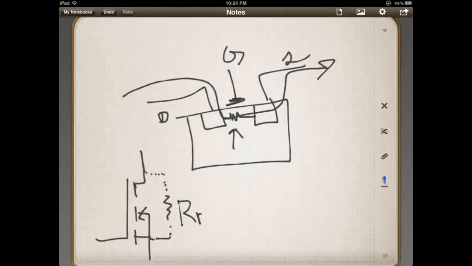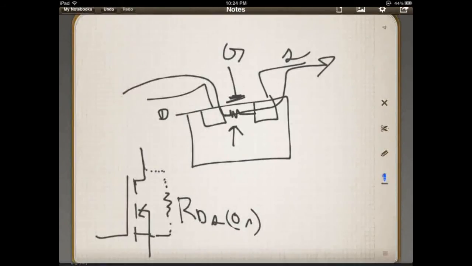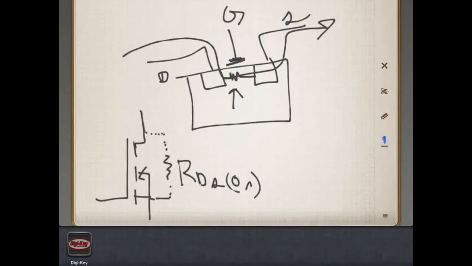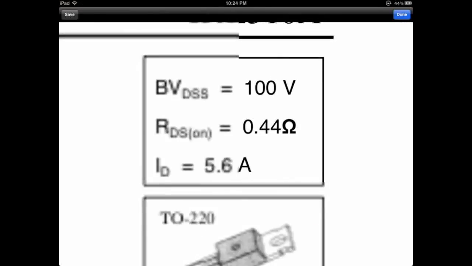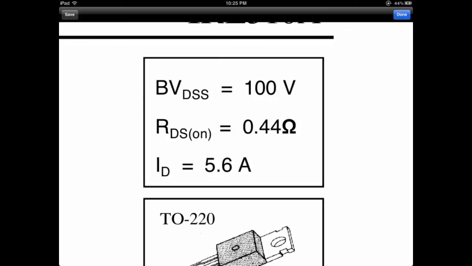This is the RDS on, I call it on resistance. That means when this guy is fully turned on, so it's fully forward biased, you've given it, let's say, 5 volts or whatever that's over its threshold voltage, it has about 440 milliohms worth of resistance in that channel. So essentially when that switch turns on, it basically adds a 440 milliohm resistor to your circuit.